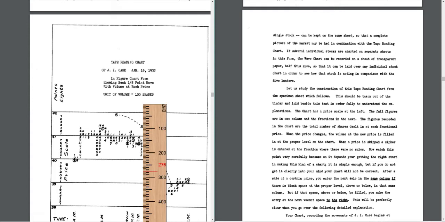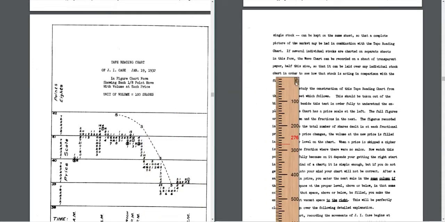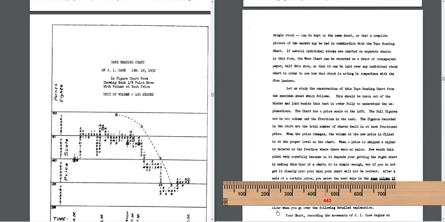So the criterion for using the same column up or down is whether there's a print in it or not. If there's a print in it, you can't overwrite it. You have to go to the next column. If there's no print there, then put the volume traded at that price in that white space. Alright, I think that cleared it up.